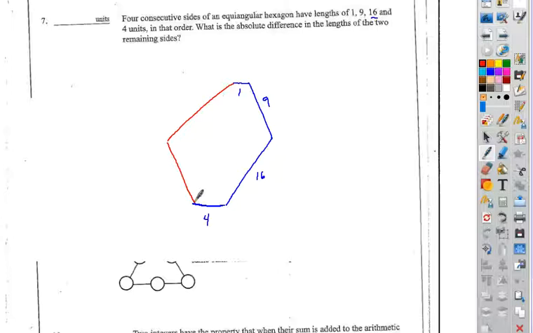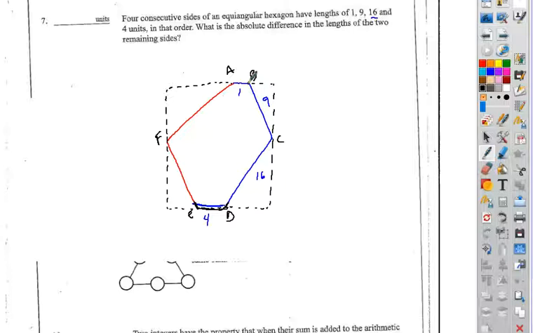And I'm going to call the vertices of the hexagon A, B, C, D, E, and F. And then I'm going to create a rectangle, because rectangles are much easier to find the area of than the hexagon.